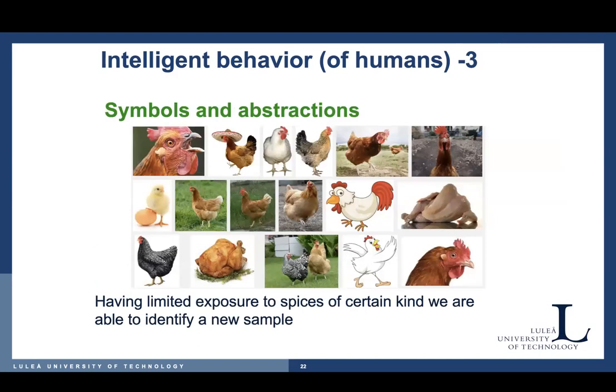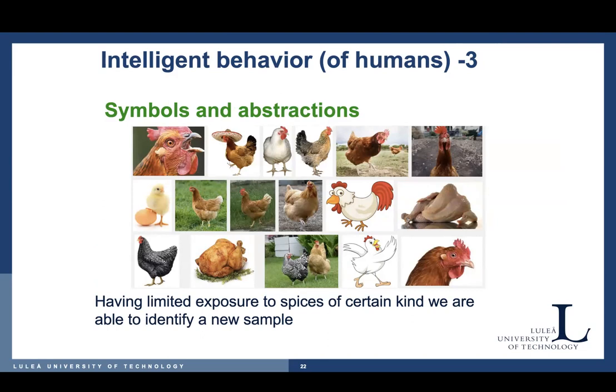This is very interesting. Symbols and abstractions. It continues the previous properties. With this property, you can probably link to the limitations of current AI technologies.